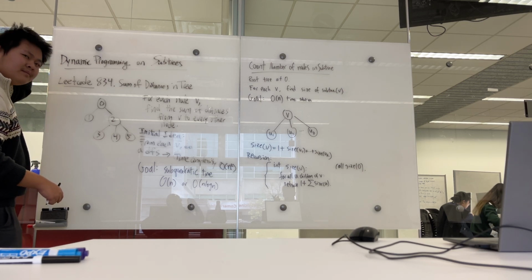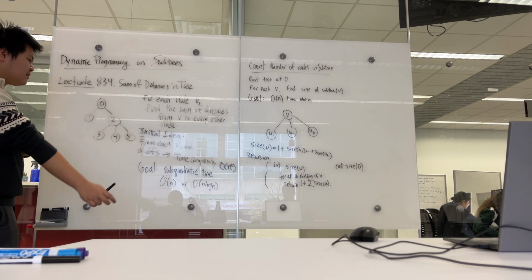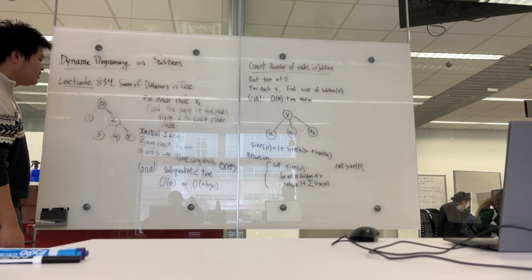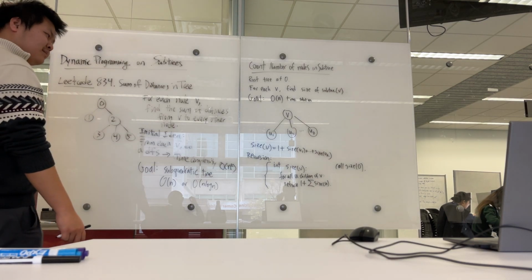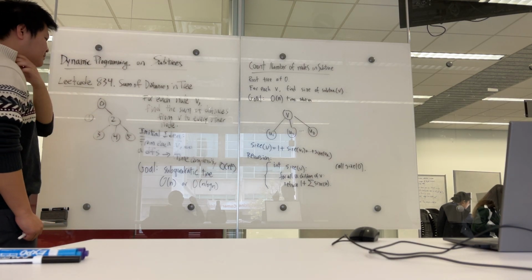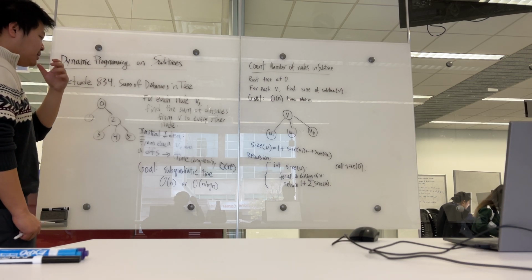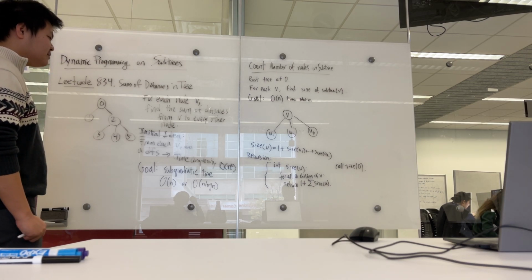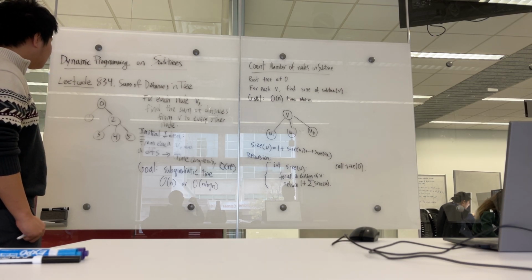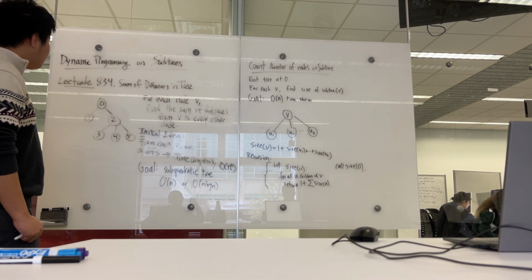I guess we only look at every vertex once, right? So it's O of V. But if we had to call size of 0 plus size of 1 and size of 1 and size of 2, then that would be n squared, right?